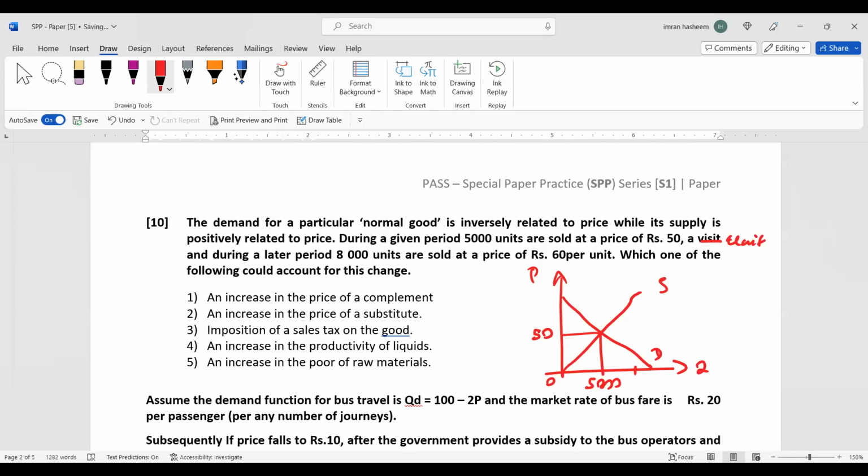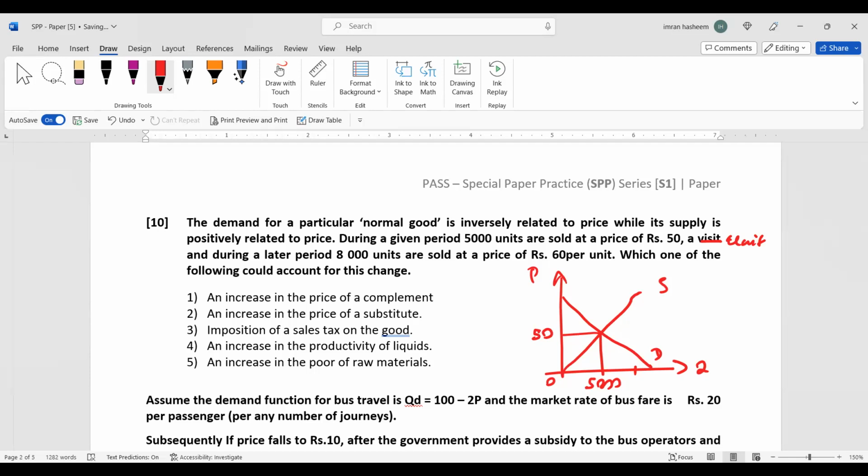If I mark 5,000 and 8,000 units and the price of 60 on this diagram, it will basically be a point moving upwards along the supply curve. If both equilibrium price and quantity are increasing, that's basically the demand curve shifting.